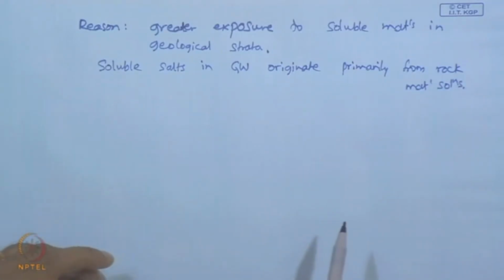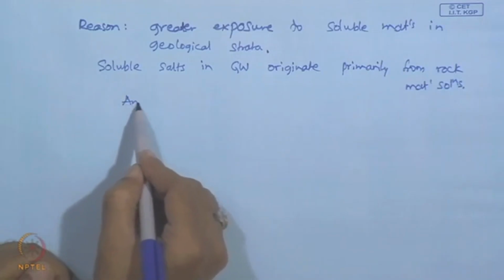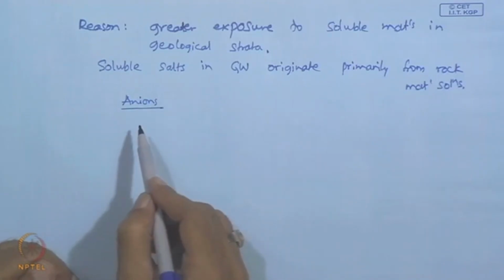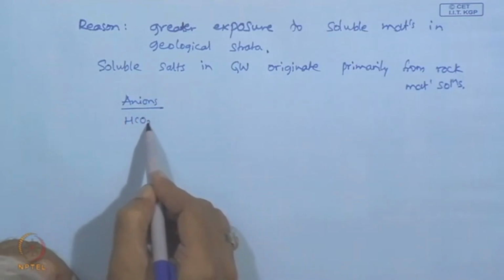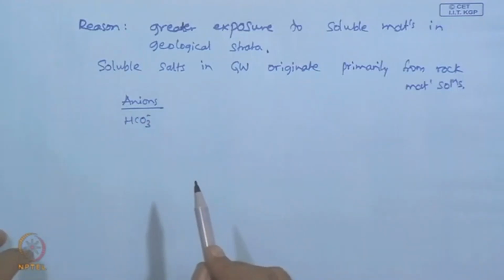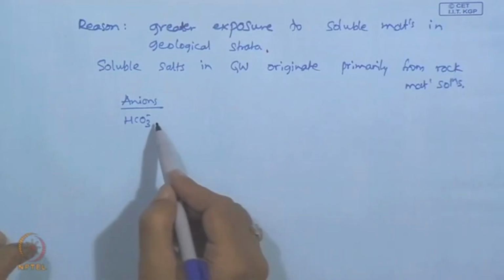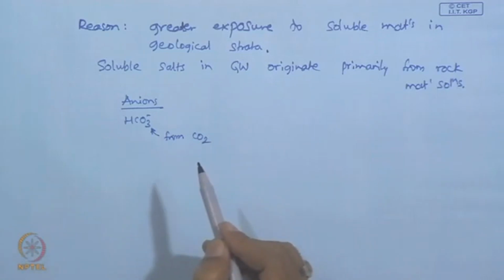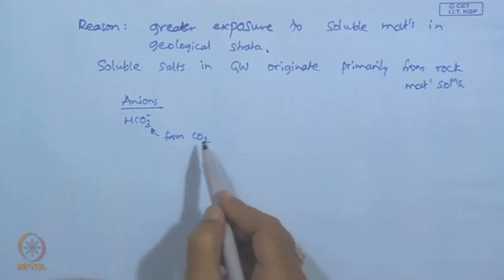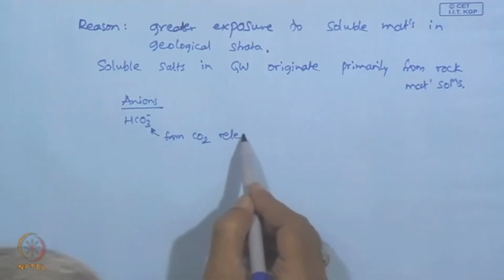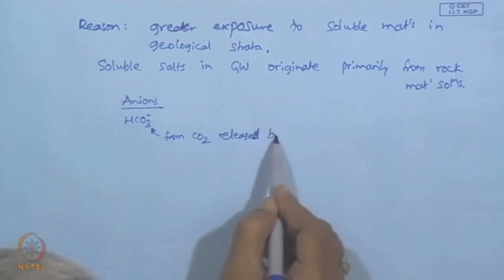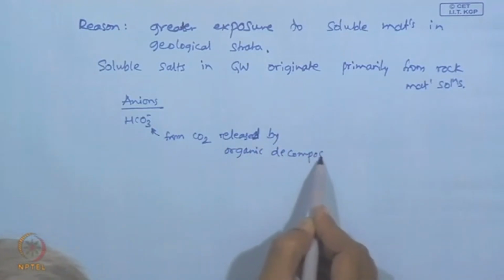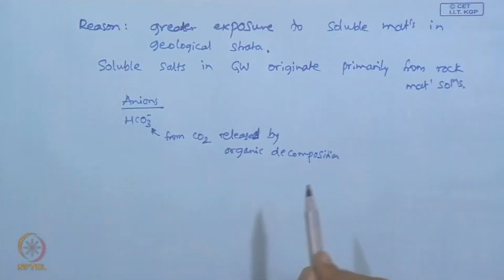Among the anions, the most common anions are bicarbonates, which are derived from CO2 released by organic decomposition.